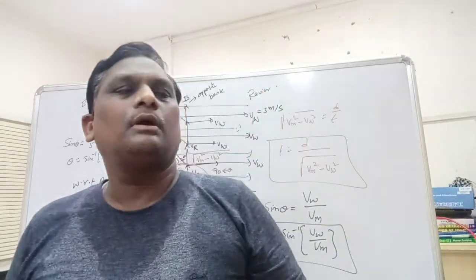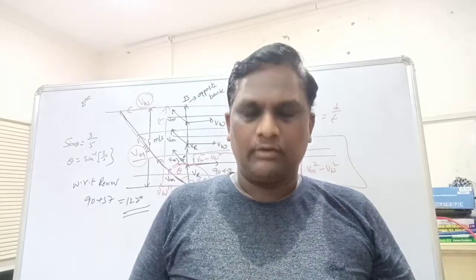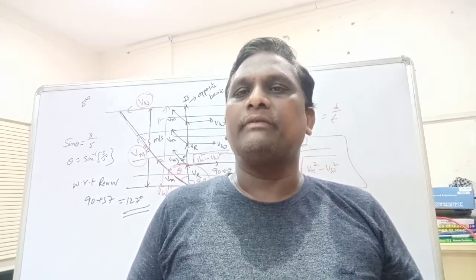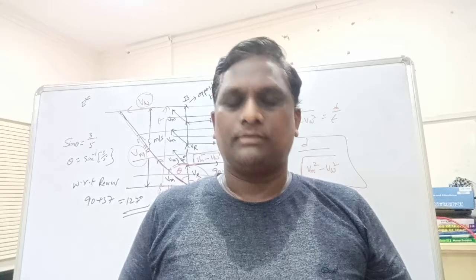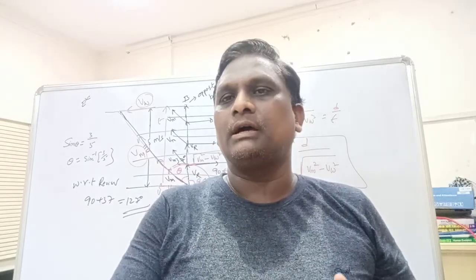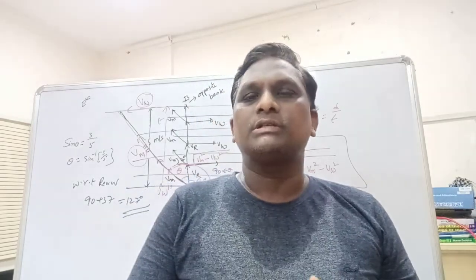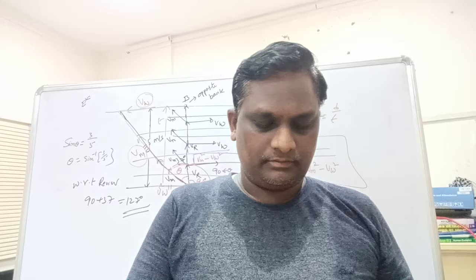I repeat, one question in dimensional formulae, one in significant figures and percentage error, and one in instruments like screw gauge and Vernier calipers. So 3 questions will come in the first unit.